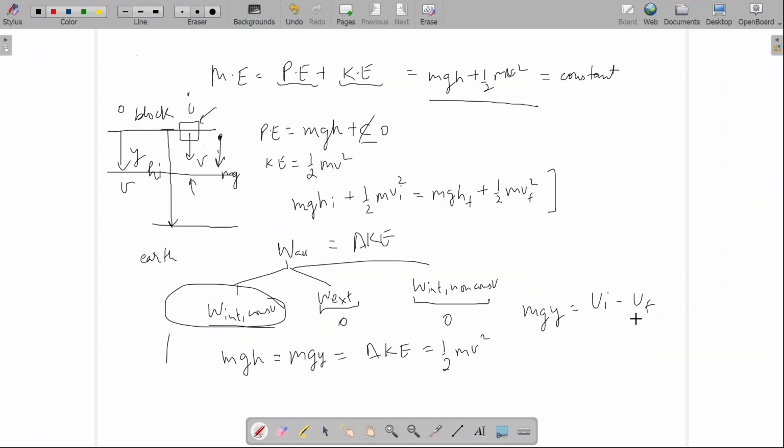So that's why we wrote initial minus final is equal to the change, because this expression has to be positive, ui minus uf.